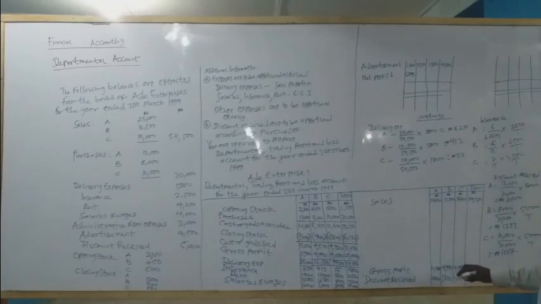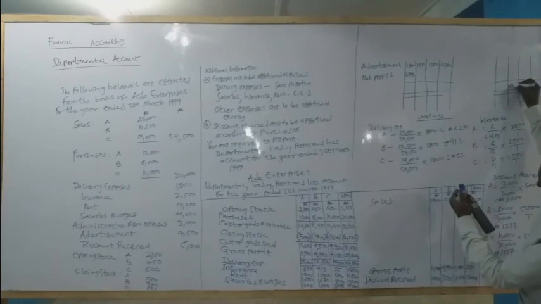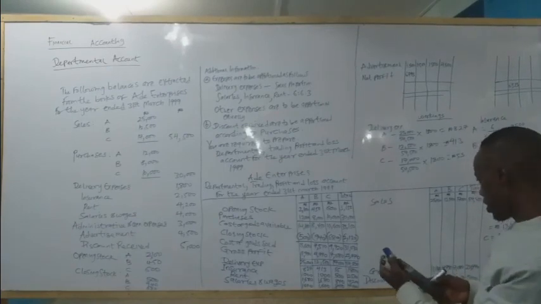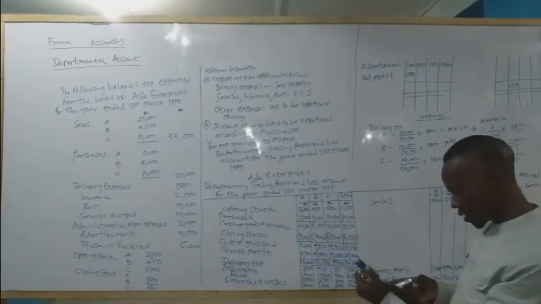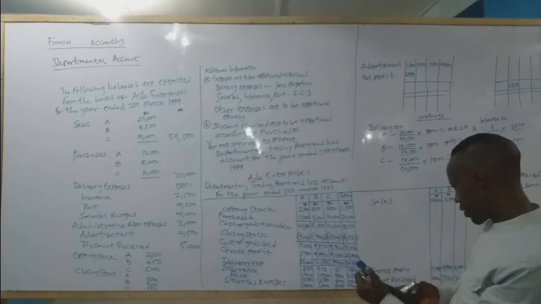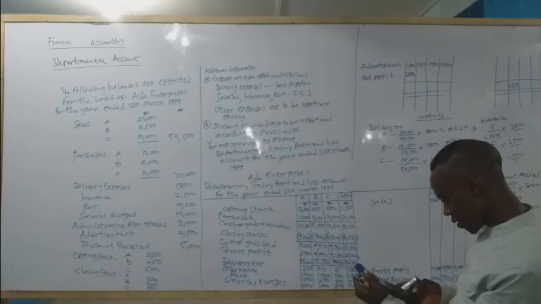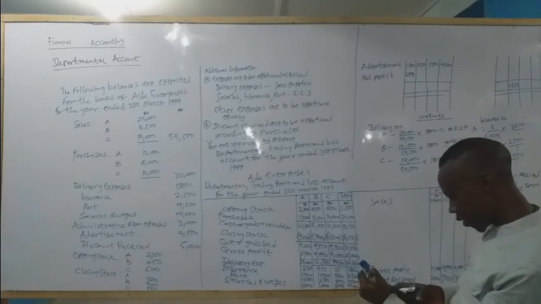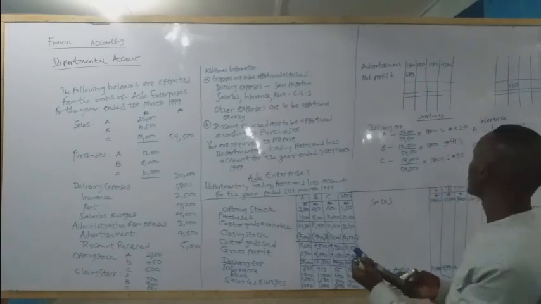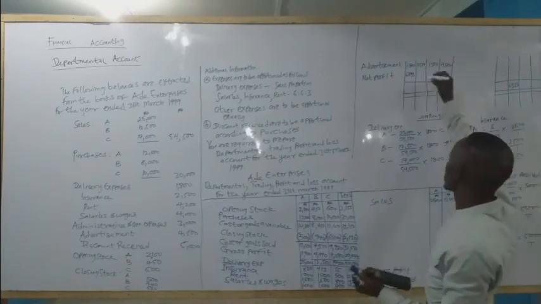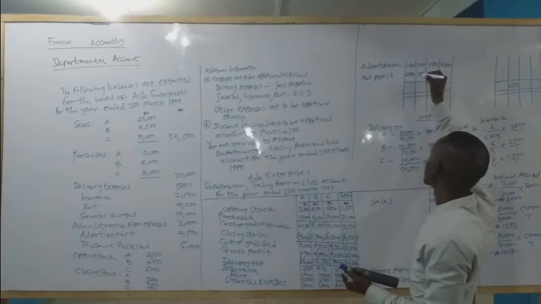The total for this is then 6,323. So 6,323 minus all the expenses, 413, minus 2,680, minus 1,600, then minus 1,500. Gives me 130.